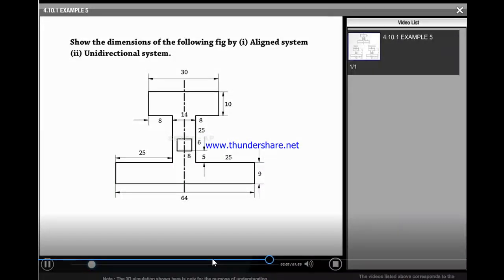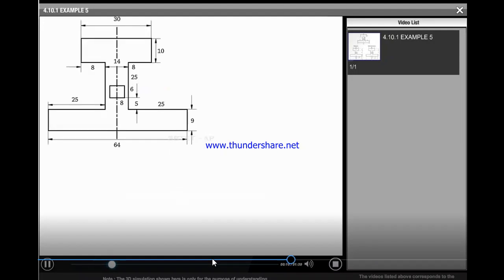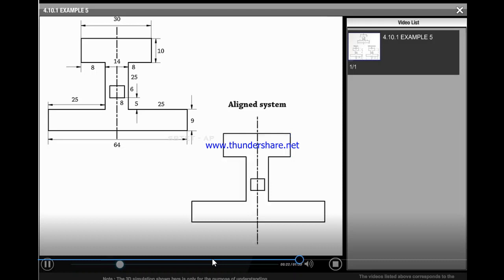The task is to redraw the view with proper dimensioning as per aligned system and unidirectional system separately. In the aligned system, the dimensions must be printed neatly as per the law. All the dimensions must be shown externally. Represent the dimensions in an aligned manner.